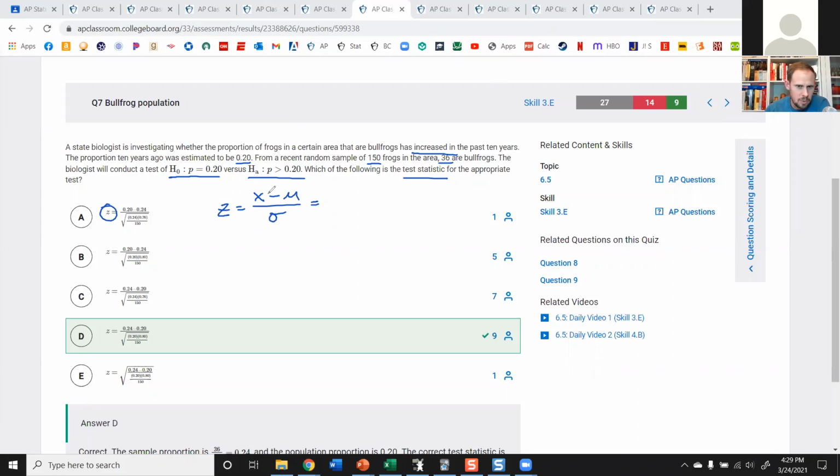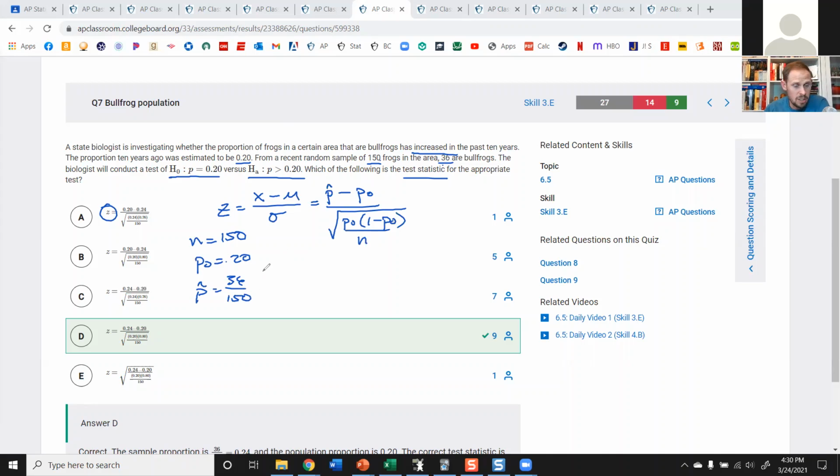All right, which in this case would be the P hat minus the actual P naught over the standard error, which uses P naught times 1 minus P naught over N, like that. So our N is the 150. Our P naught, they told us, is 0.20. Our P hat is the 36 out of 150.